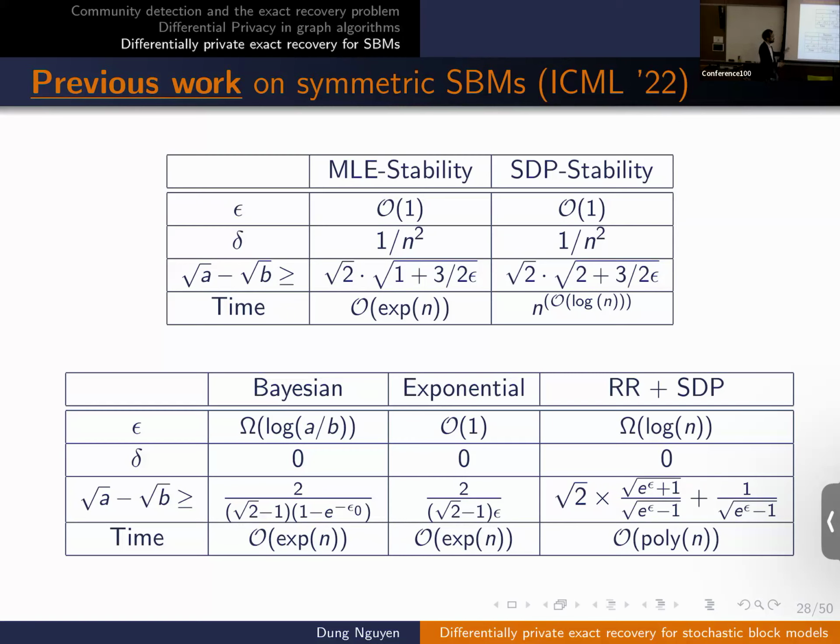Among all of these, the one that has many checkmarks is the semi-definite programming using the stability mechanism. It can run with arbitrarily small epsilon. It can run a little bit faster than the exponential algorithm, and it has a really nice and clean form of the recoverability threshold here. So we will focus on the semi-definite program in this part. But again, there are several other ways we propose that can also solve the problem.